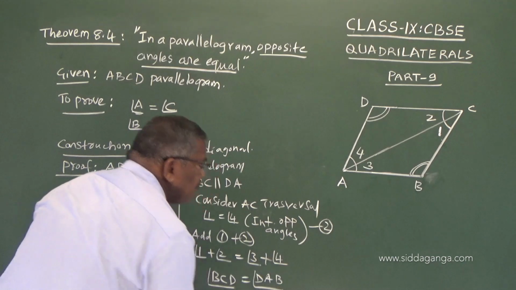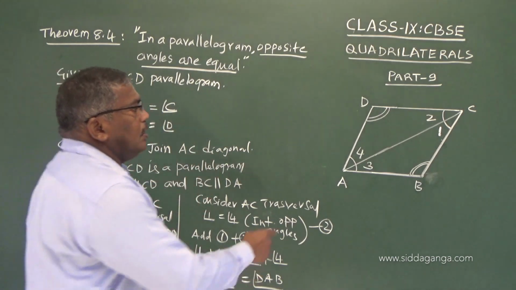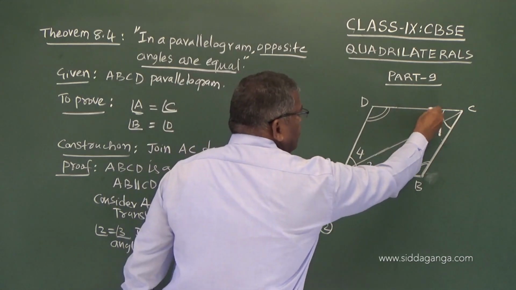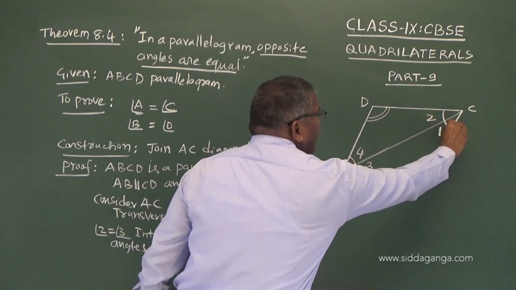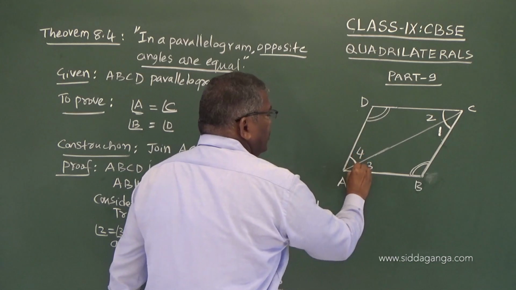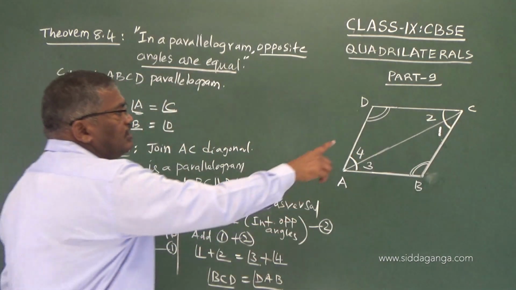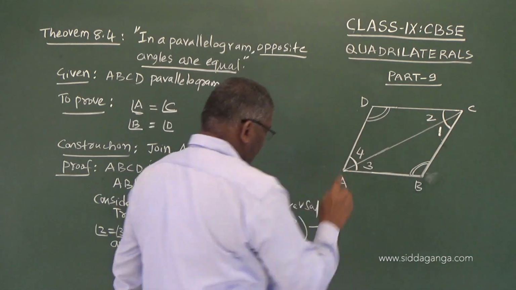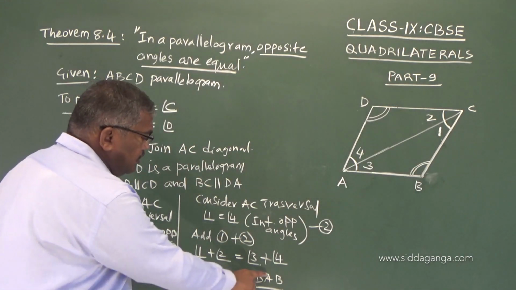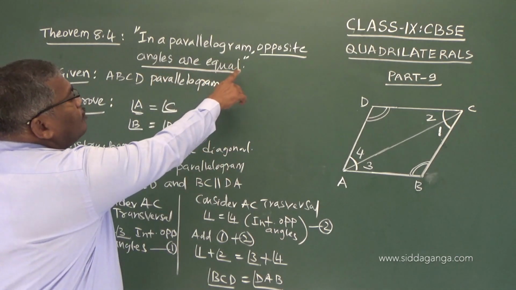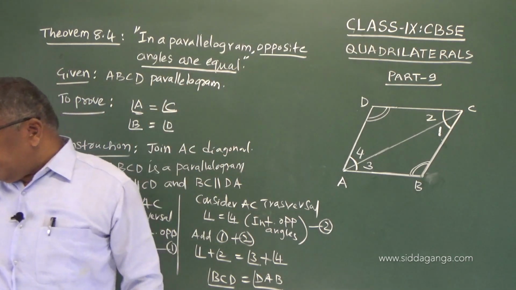As you can observe from the figure, these two are opposite angles. This total angle, 3 plus 4, and this total angle, 1 plus 2, are nothing but angle C and angle A. So, we have proved that the opposite angles are equal.